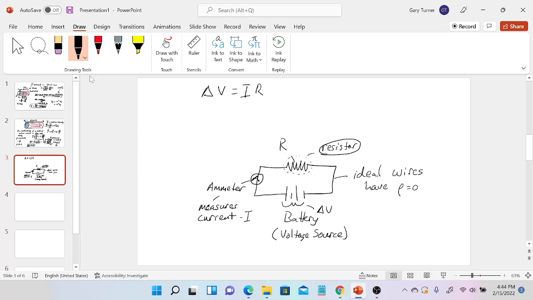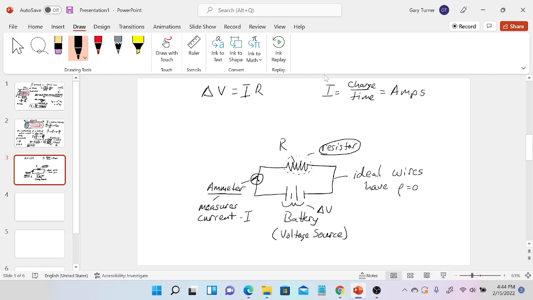Okay. So current is charge per time, and we give this the unit of amps. Okay, so current is measured in amperage or amps, and that's why the instrument used to measure it is called the ammeter.